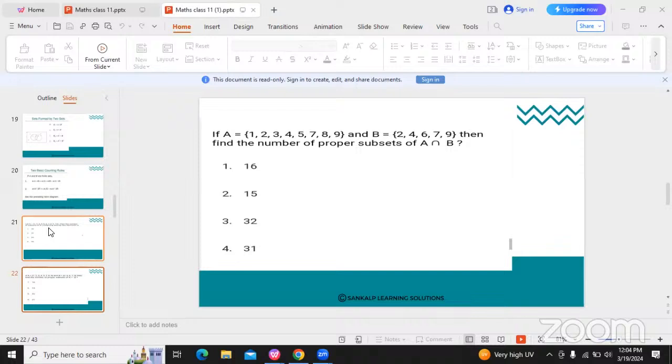Try to solve this. Don't know? Just try to solve this fast, students. If anyone of you knows, you can give the answer.